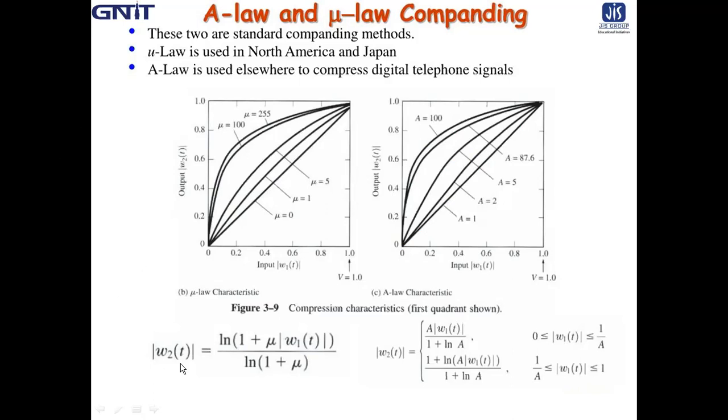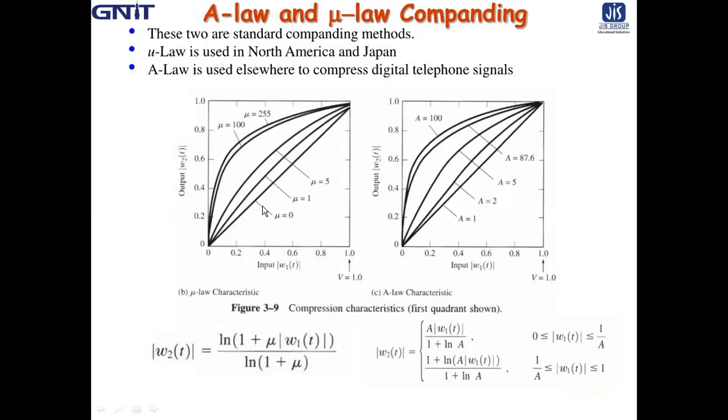where the expression is W2 = ln(1 + mu W1T) / ln(1 + mu), the compression characteristic for mu law, where W1T represents the normalized value of the input with respect to the maximum value, and the maximum value of mu is 255.